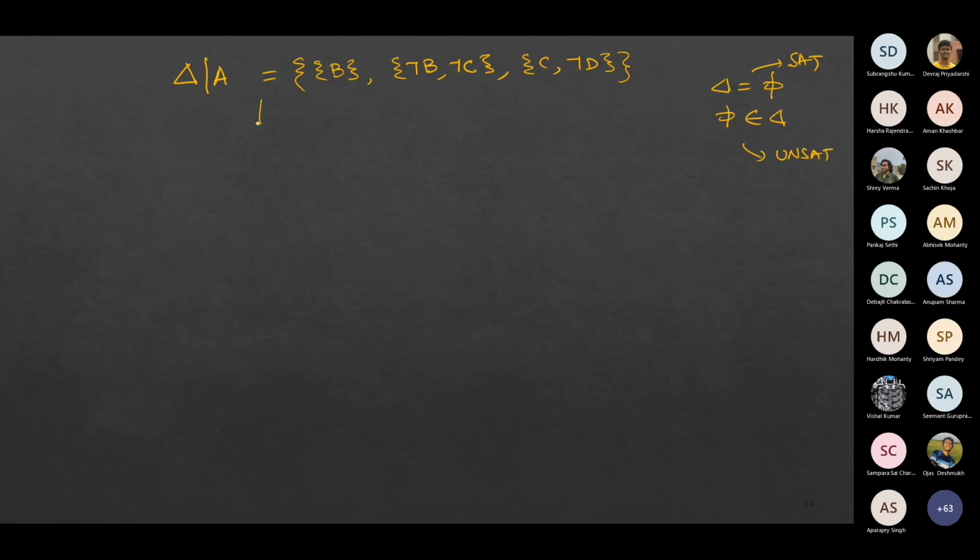Do we see anything happening here? Do we see any of these cases happening here? Can anybody tell? This should be very straightforward. At this point, I have just done a conditioning over A. So that means I have just set A equal to true. As a result, I have got an updated state of the knowledge base.